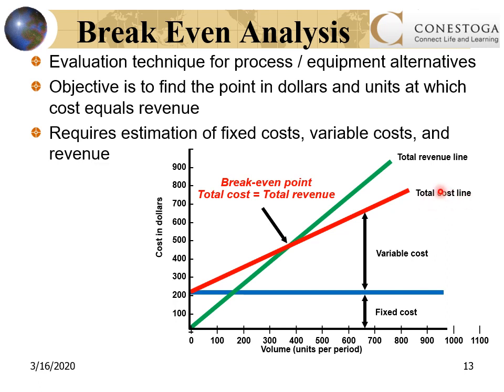The total cost line is represented by this red line, and the total revenue line is represented by this green line. As you can see, this is similar to that example of point of indifference. There is a point at which they intersect. That's the point at which the total cost matches the total revenue, which is called the break-even point.